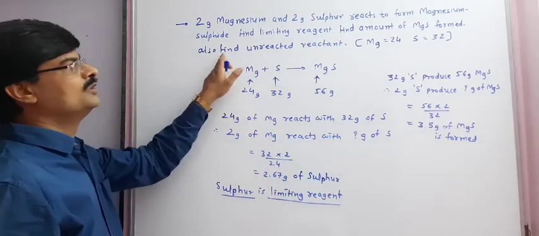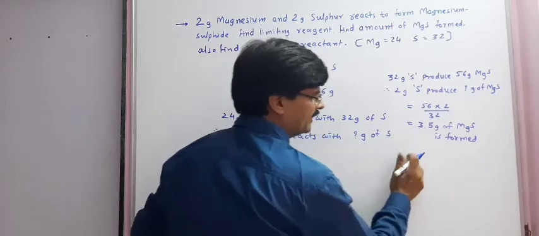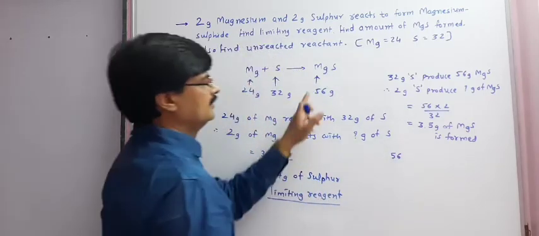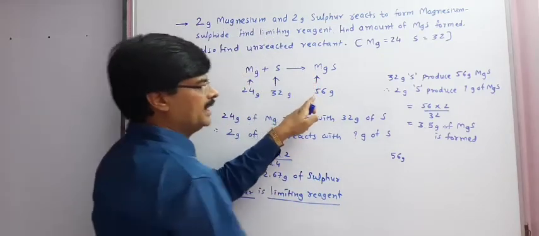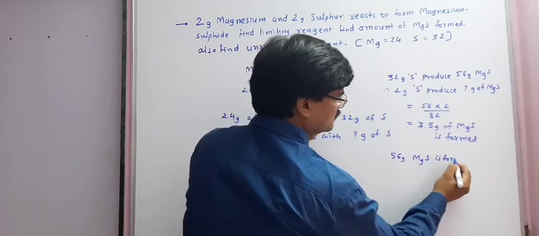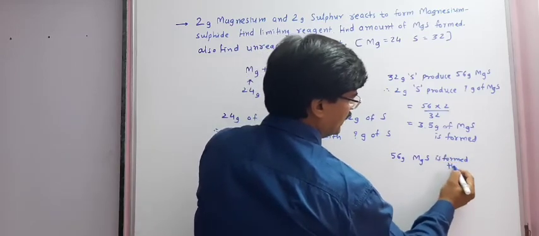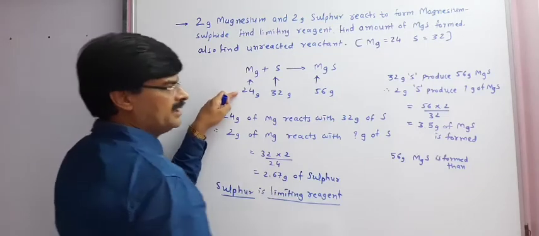Now to find out unreacted reactant, we can write the next step as 56 gram magnesium sulfide is formed. Then amount of magnesium is 24 gram.